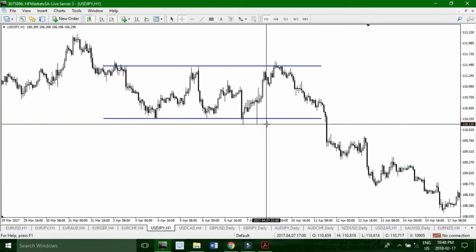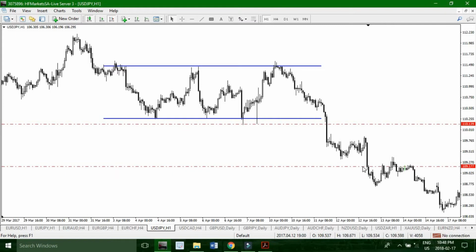From here on, as usual, 50 pips for your stop loss, and 100 pips for your target. So this would be our target there, and stop loss right here.